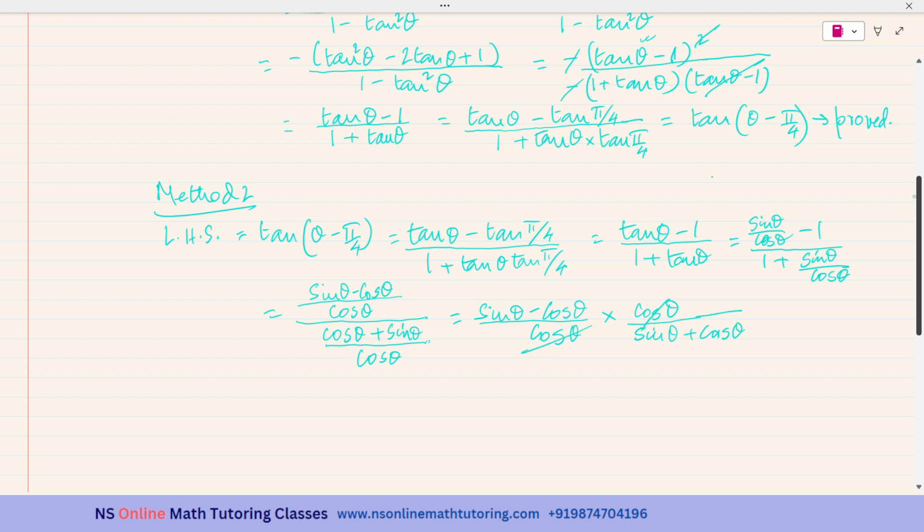Okay, and these two will be getting cancelled, so you will be having sin theta minus cos theta over sin theta plus cos theta. Okay, so this is the expression C that I was seeing before. And now I will be coming to the right hand side.